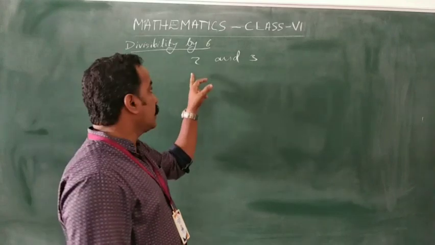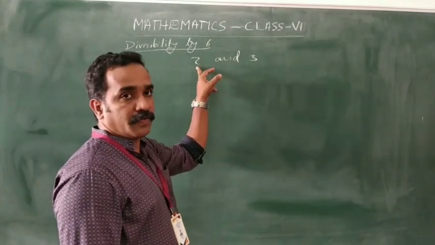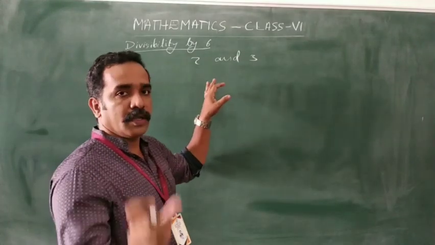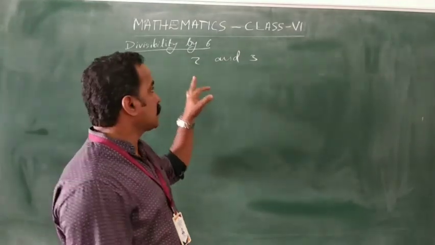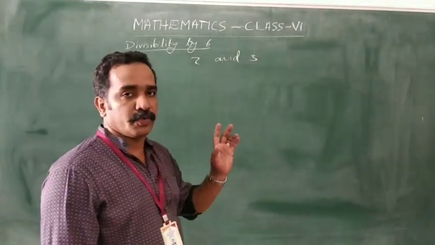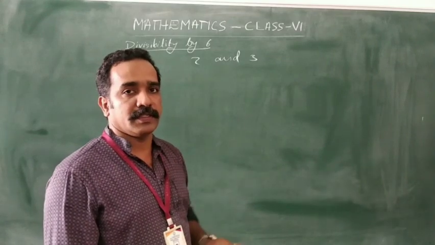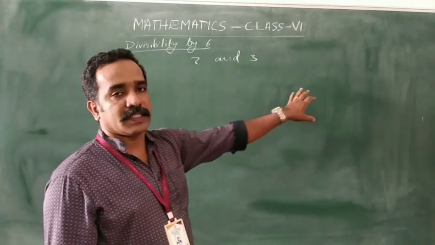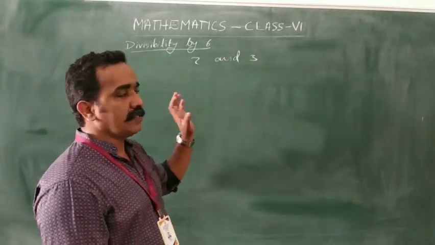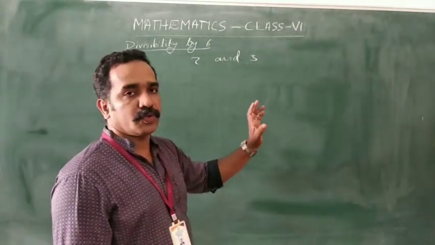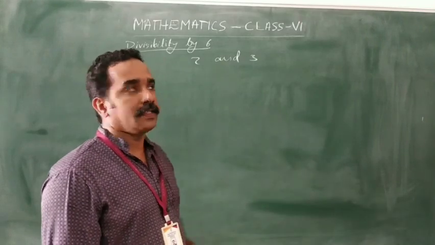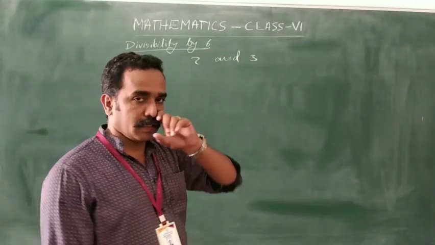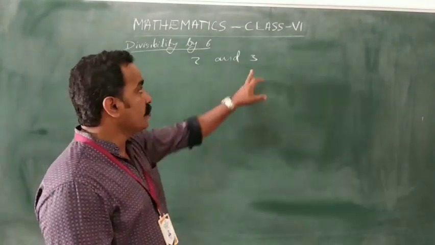We have already studied the divisibility test of 2. What is the divisibility test of 2? The last digit, the ones place digit, is 0, 2, 4, 6 or 8. If a number is given, we first check what the last digit is. If it is either 0, 2, 4, 6 or 8, then it is divisible by 2. Now check whether the number is divisible by 3.